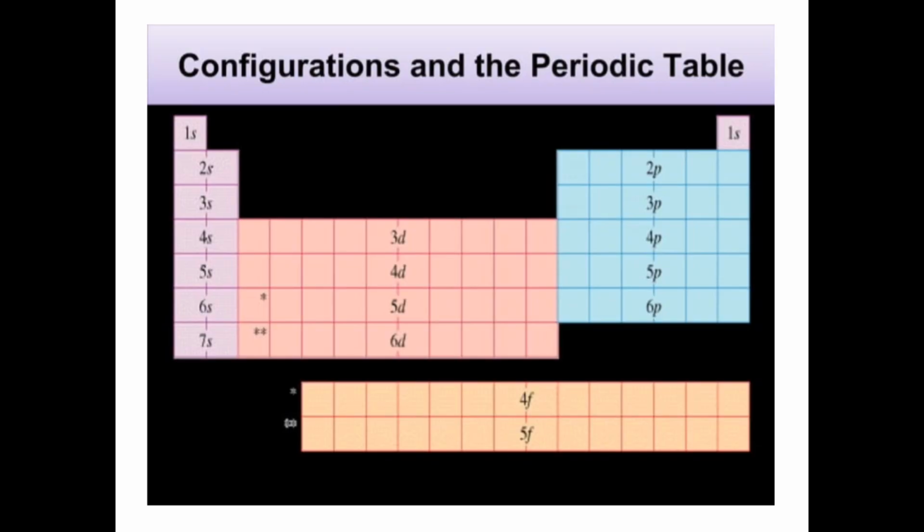Okay, we can also discuss electronic configuration and the periodic table. This is a sample of the periodic table where you have the 1s, the 2s, the 2p's, and the like. You observe something here. When you are going sideways from left to right, you are talking about the period.